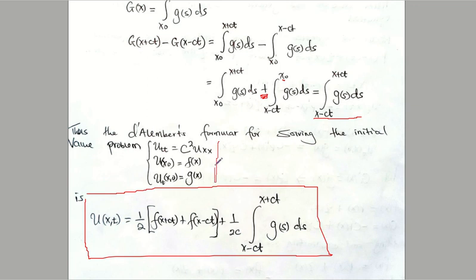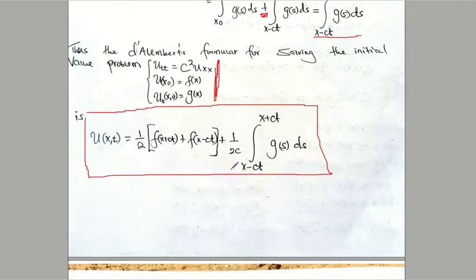So this is the D'Alembert's formula that we are supposed to derive to solve the wave equation.